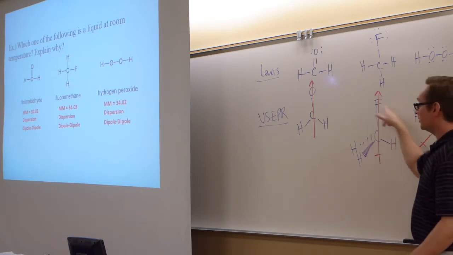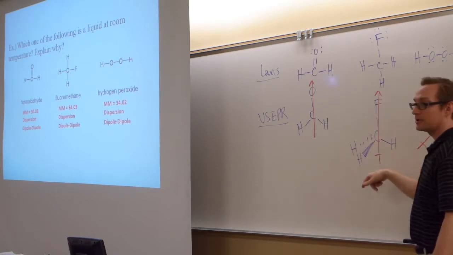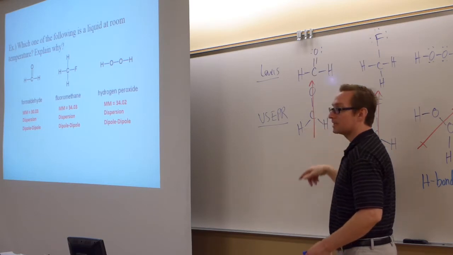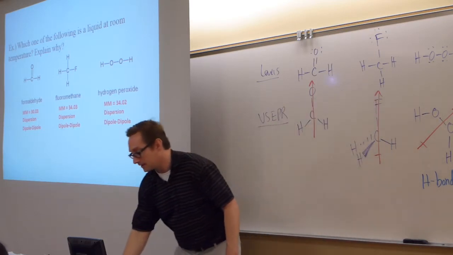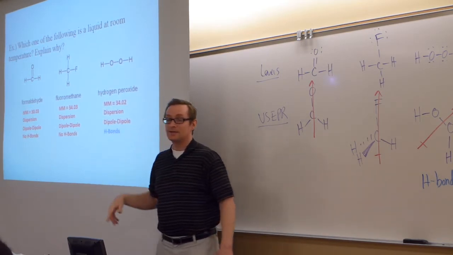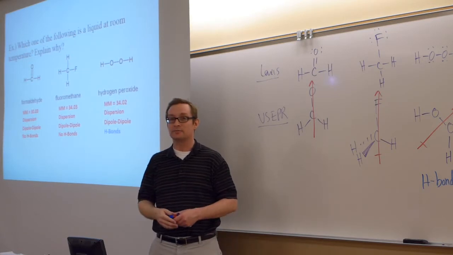This one does not have OH. It doesn't even have FH, right? The F is here, but the H's are only attached to the carbon. This has O in it, but again, the H's are attached to the carbon, not to the oxygen. So because of that, the molecule on the right is the only one that can H bond. And therefore, it would have the higher boiling point because it can hydrogen bond where the others can't.